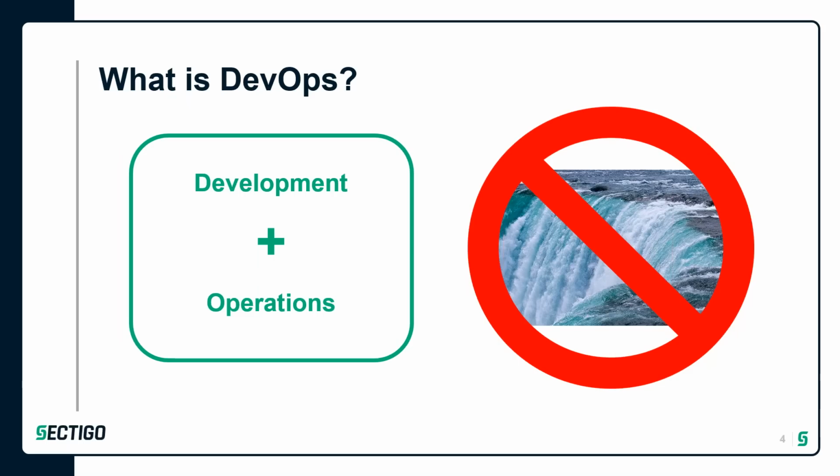Yeah, exactly. And then, of course, I do have a picture of Niagara Falls on the right, because part of the point of DevOps is it's not your old-fashioned waterfall release kind of structure. It's much more agile, iterative, fluid and real-time. The whole idea being release cycles of software need to increase.